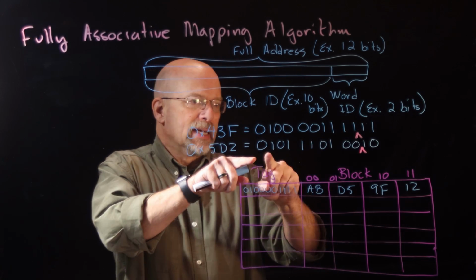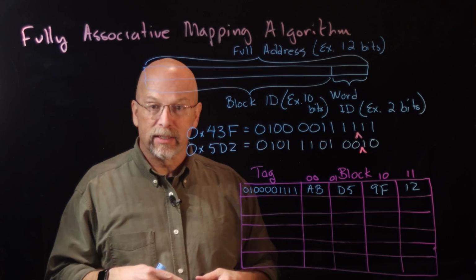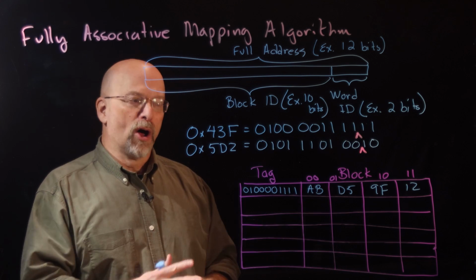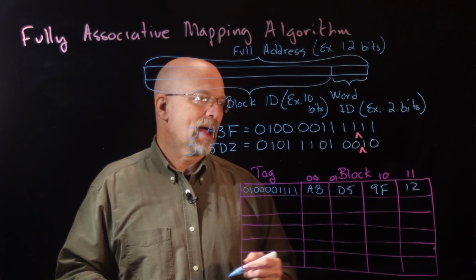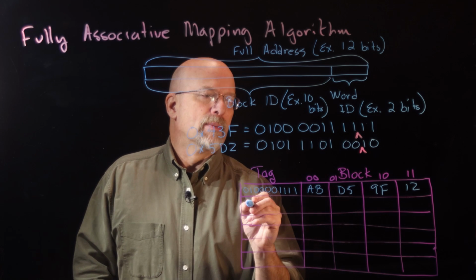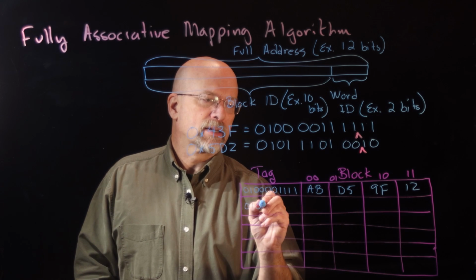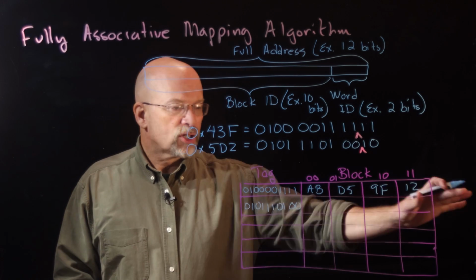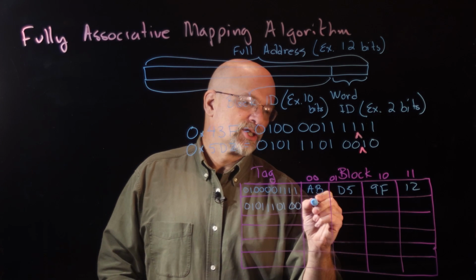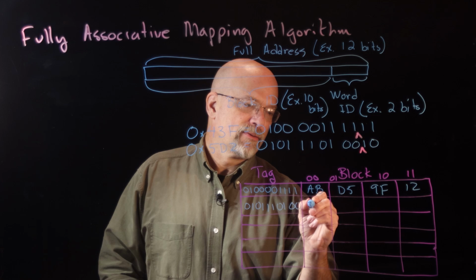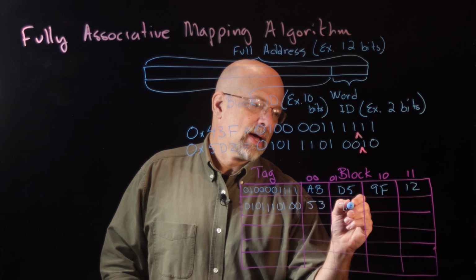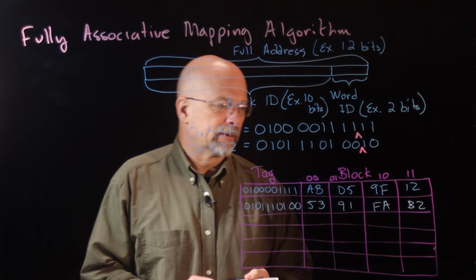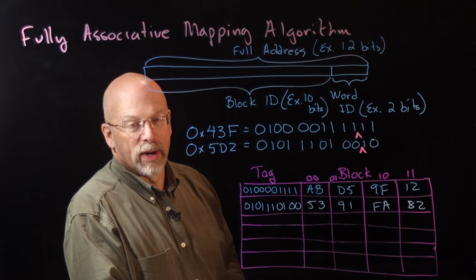It looks through the list and doesn't find the block ID. So it has to go all the way out to main memory to grab that. Now it goes out to main memory and puts the block that is returned into the next line of the cache. And so, I don't know, how about 5391 FAB2. All right. So we've got more data.